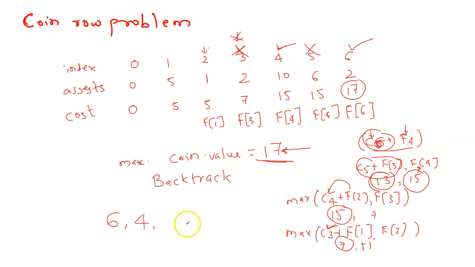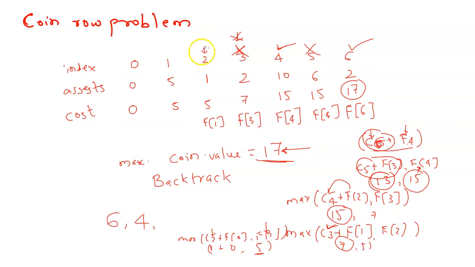Let us see how we got this 5 for the second coin. For the second coin, the recurrence relation is max of C2 plus f of 0, comma f of 1. The cost of C2 was 1, plus f of 0, which was 0, comma f of 1 is 5. We got the maximum value 5 because of the first coin, not because of C2.